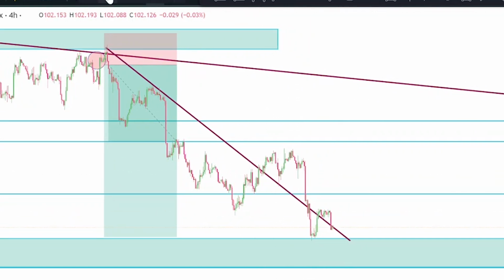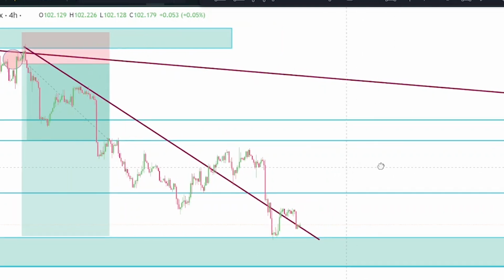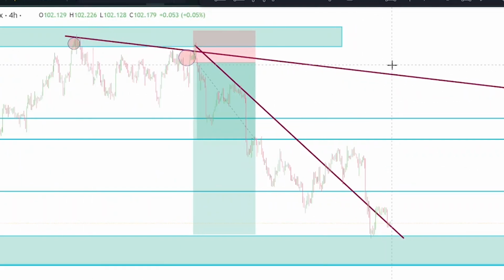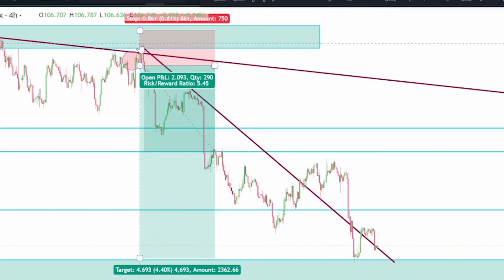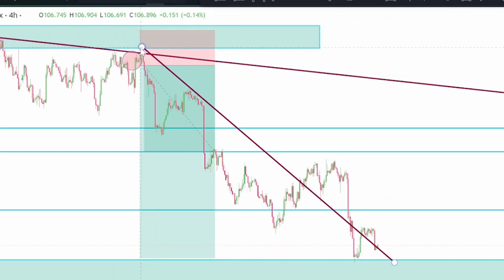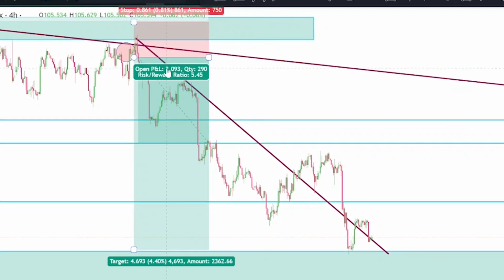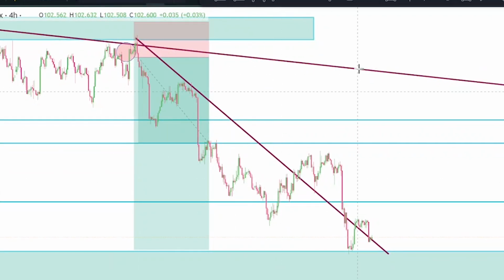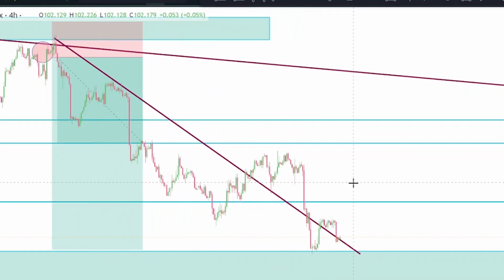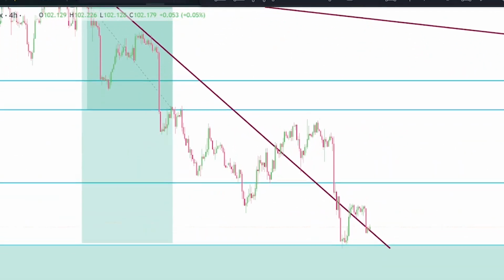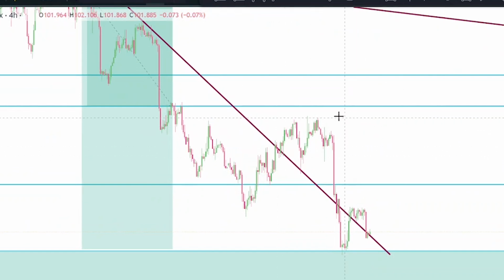Let's talk about this. Okay, so we have the first trend line, which is very strong, where we entered from. We have the second trend line that we withdrew from this area, just to confirm that we are going to be staying below this area. But this first trend line is the strong one. With this second, we also tried to change the direction to the upside, but we were in the downtrend already.